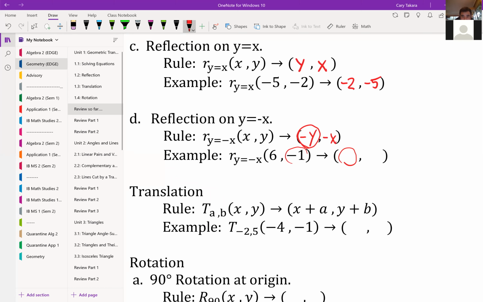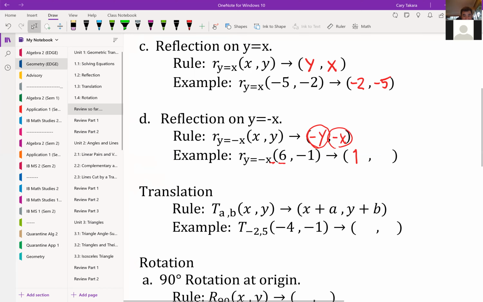Now the opposite of y will be 1, isn't it? Because y is -1, so the opposite will be just +1. And then for the y coordinate, you want to bring the opposite of x. X is 6, so the opposite of x will be -6. What do you guys think? Are you doing okay so far? Very good, Julian. Thank you.